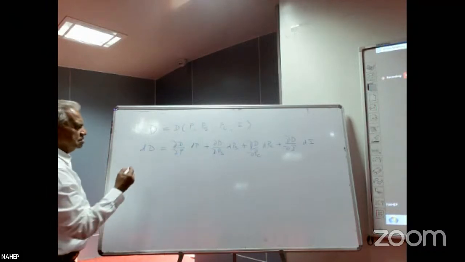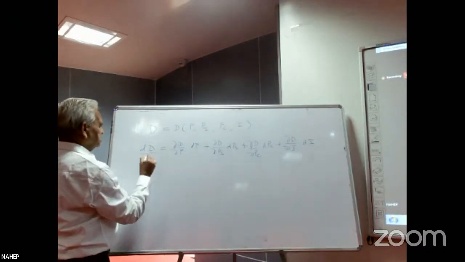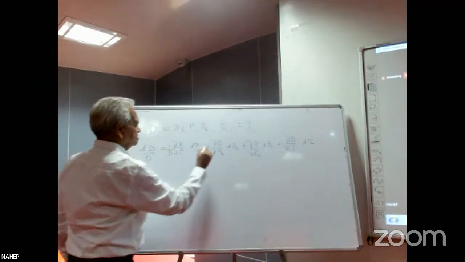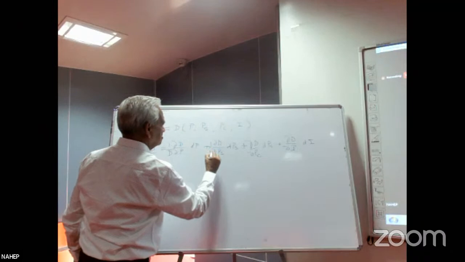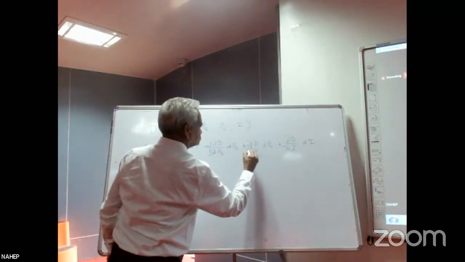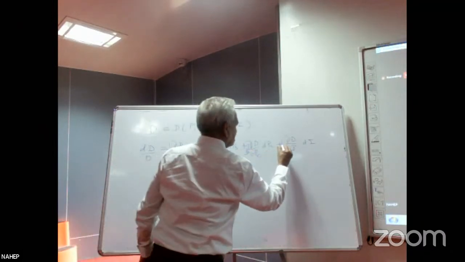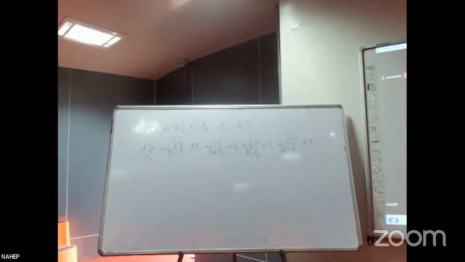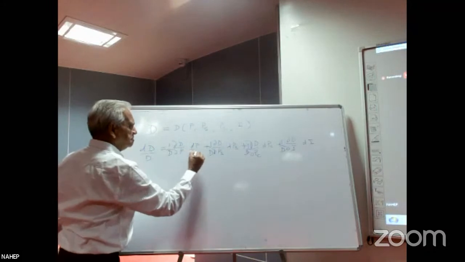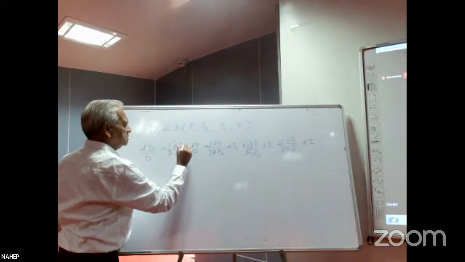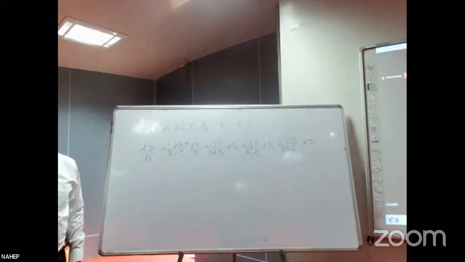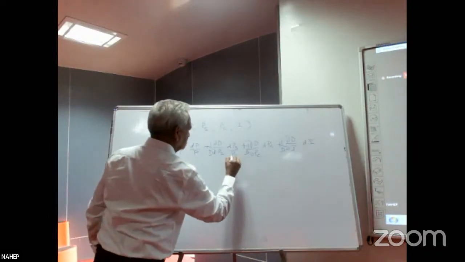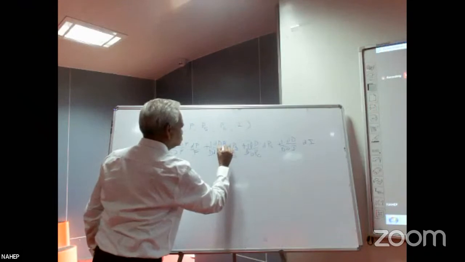Now what you do, you divide by D everywhere. No problem. You divide by P here, multiply by P. You divide by PS here, multiply by PS.